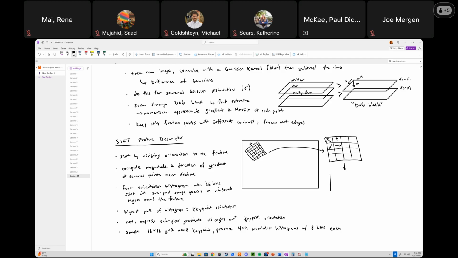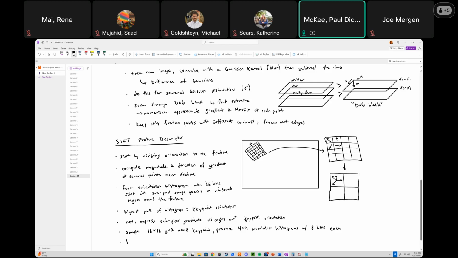And you can imagine building that for each 4x4 block. We basically let them vote. So this one thinks that we've got an orientation that points this way. This one thinks we have an orientation that points this way. So if you combine those, we've got some votes this way, some votes this way, some votes this way, some votes this way. And we would do this for all of the different grid points around the original key point.